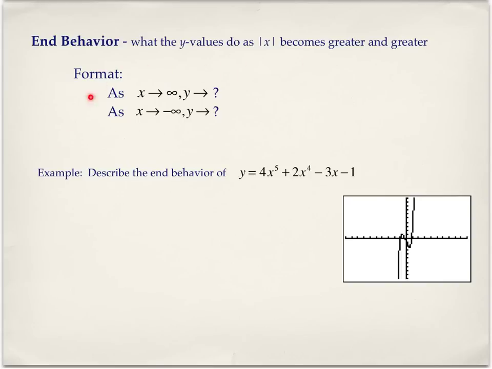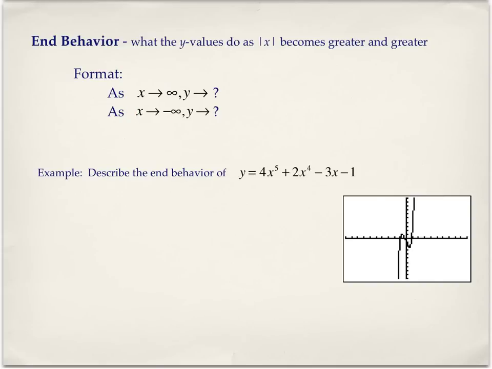Anytime we do end behavior, we will always write it like this. There's always two parts. We say as x approaches infinity, that's the right end here, what happens to the y values. And then we have to consider the left end: as x approaches negative infinity, what happens to the y values.